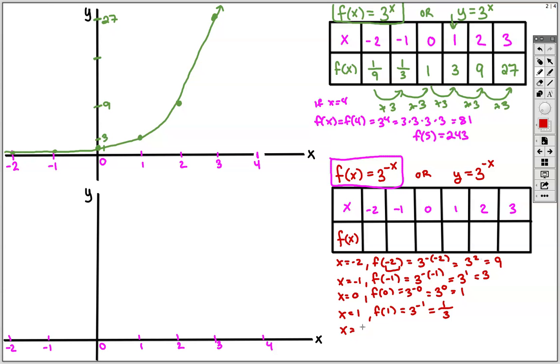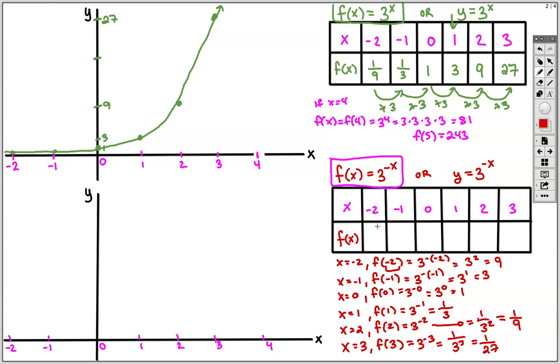When x is 2, we have f of 2, which is 3 to the negative 2, which we can rewrite as 1 over 3 squared. 3 squared is 9, so this is 1/9. If we let x equal 3, then f of 3 is 3 to the negative 3rd, which is the same as 1 over 3 to the 3rd, which is 1 over 27.